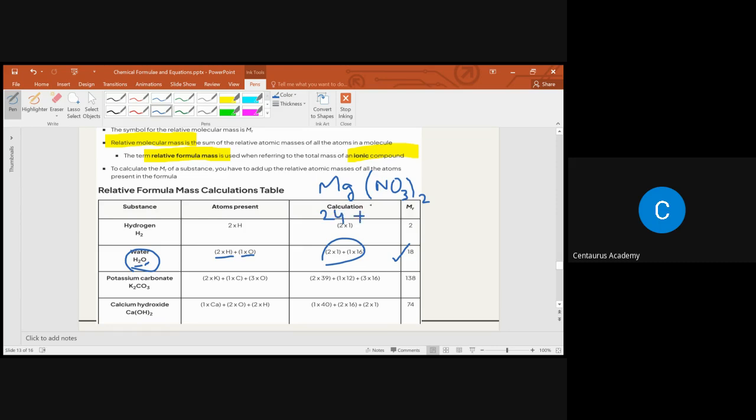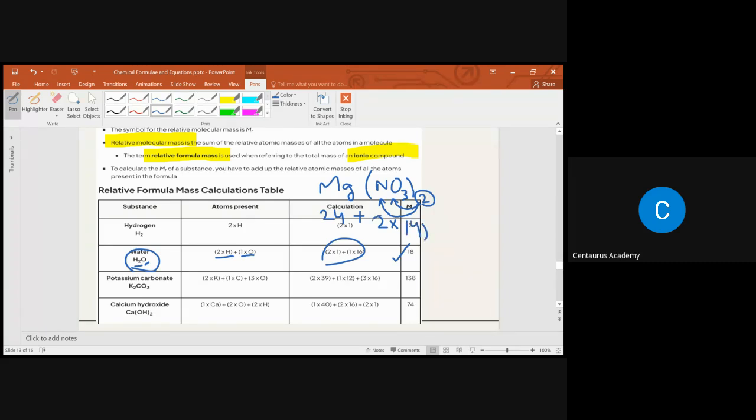Plus, how many nitrogen atoms do we have? 1? No, we have 2 nitrogen atoms. This 2 will be multiplied with all the atoms present within the bracket. So 2 times the nitrogen's relative atomic mass. What is it? 14. 14 is the atomic mass of nitrogen.